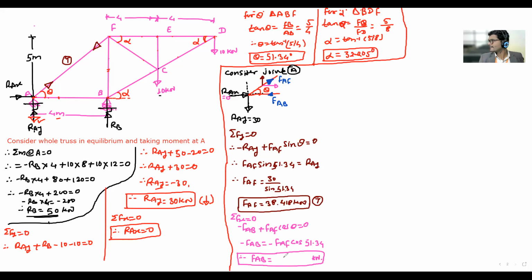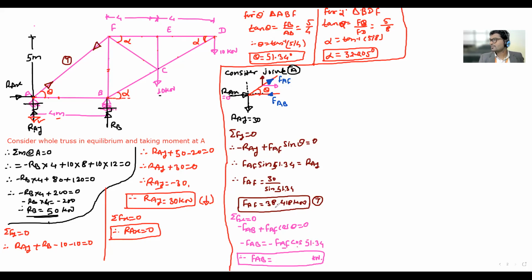Do check it. Yes, sir. How much is AB? AF is how much? 38.418 cos 51.34. No, FAF into cos 51.34.